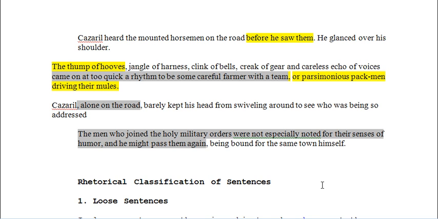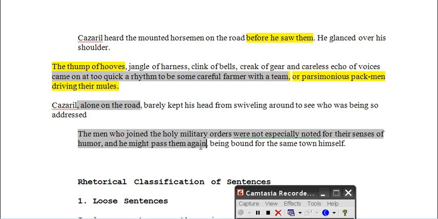Okay, so the predicate, you can do the same thing. When you have a compound predicate, or even a compound object, you can read the following sentence with one or the other. Let's just use one subject for now and pretend that this sentence only had one subject but two predicates.